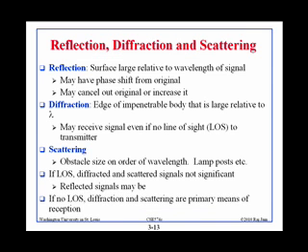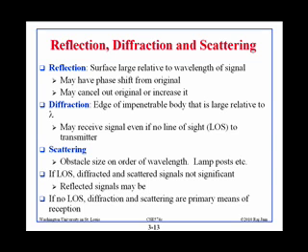All right, so we already talked about all of this: reflection, diffraction, scattering. When you have a reflection, the signal may change its phase. Obviously it changes its angle, but it also may change the phase, or it may also change the amplitude. Diffraction, same thing happens. And then scattering, depending upon how big the object is compared to the wavelength.